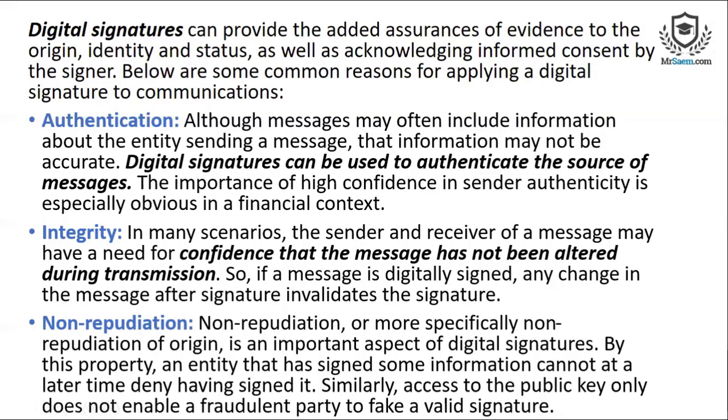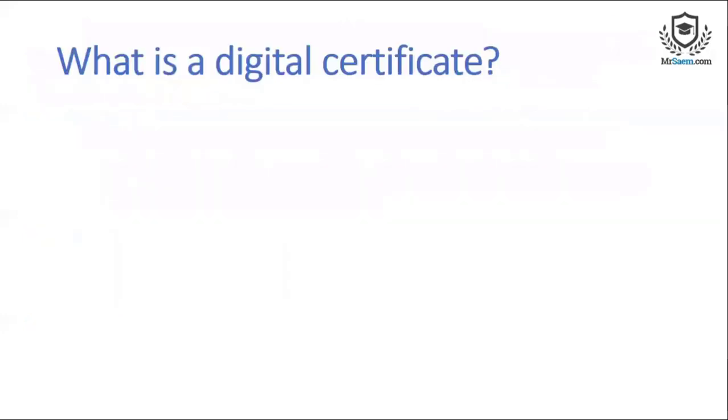Which means if someone has confirmed it, you can't say afterwards that it was not signed by us, it was not sent by us. So it's related to authentication as well. Once it has been sent, you cannot say no, we did not send it. You've sent it, you've sent it.